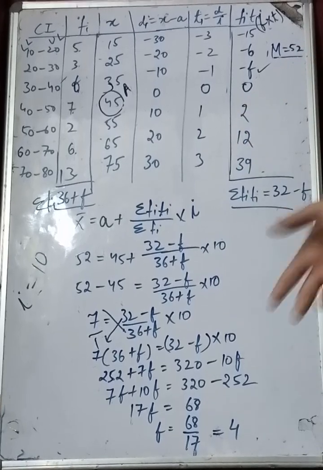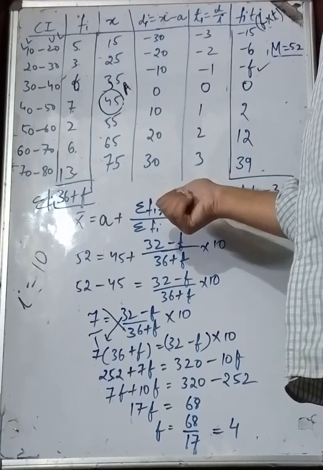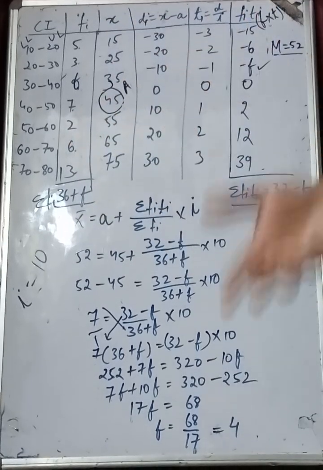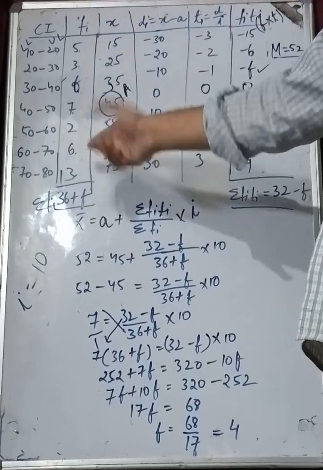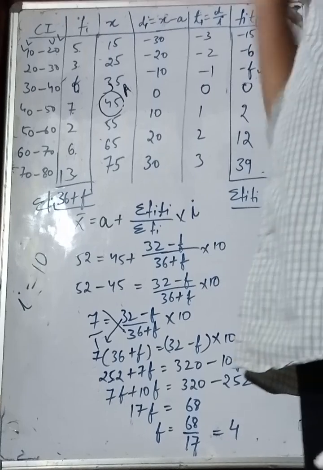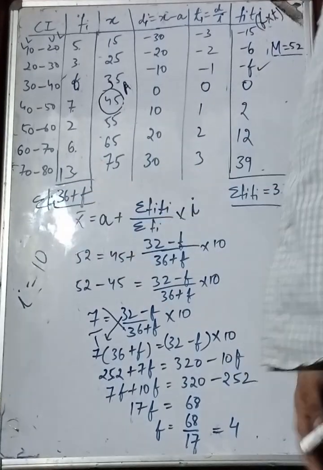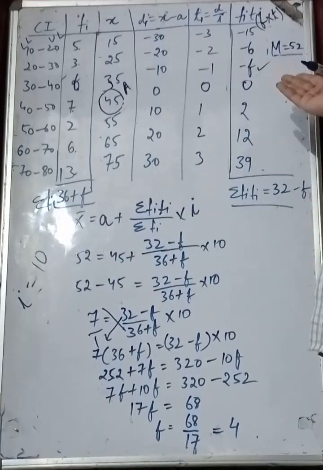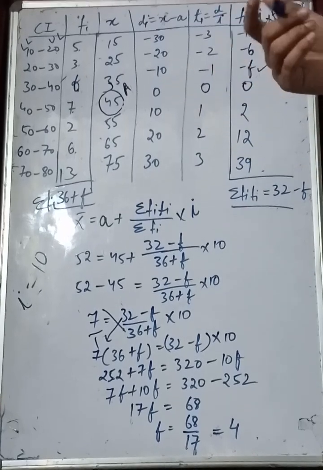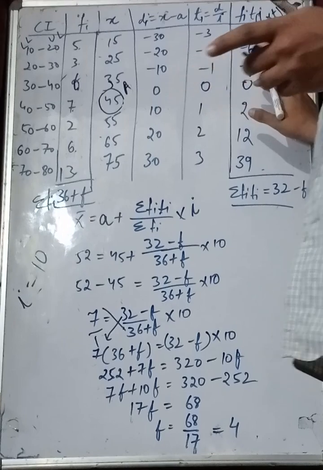Now, according to the formula, we need to find summation fi ti and summation fi. No problem, summation means add. Just add the values of f over here: 36 plus f, as in the previous video we have already added. So summation f will be 36 plus f. For summation fi ti, pay attention because there are positive as well as negative integers, and a whole number also.